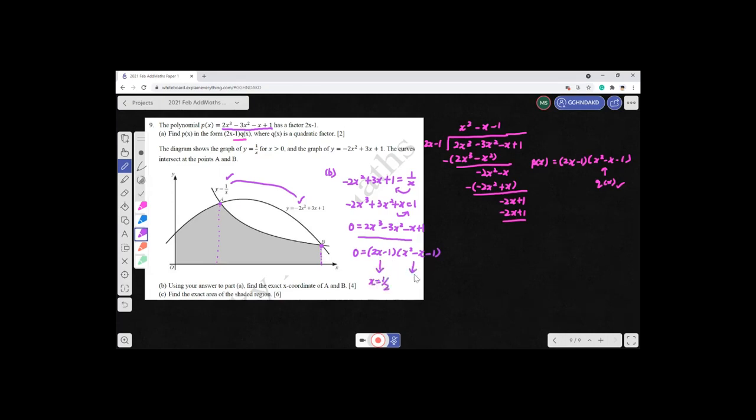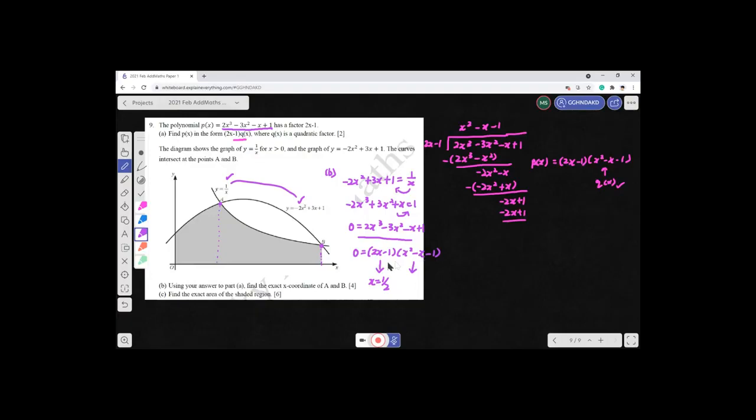And how about this part? Can we find the answer here? If I want to find the answer on the second part, x squared minus x minus 1, the answer you get will be a decimal answer.